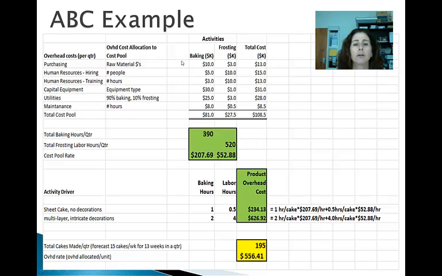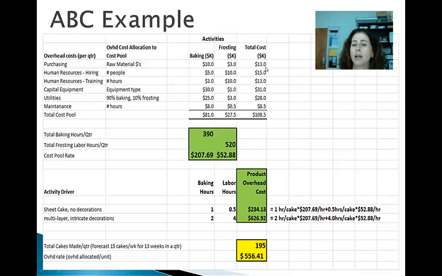So whatever the dollar amount of raw materials that goes into baking, that's the percent of the purchasing agent's labor costs and any other overhead supplies they have that will go into the baking cost pool. The total purchasing cost is $13,000, and based on the raw material dollar spend, $10,000 of that goes into baking and $3,000 goes into frosting.